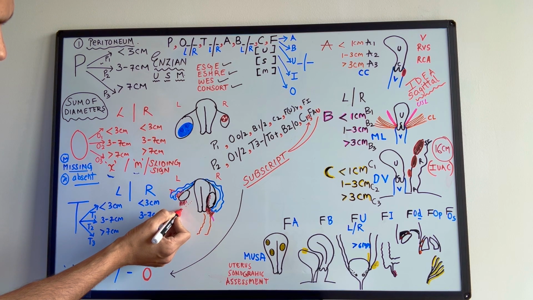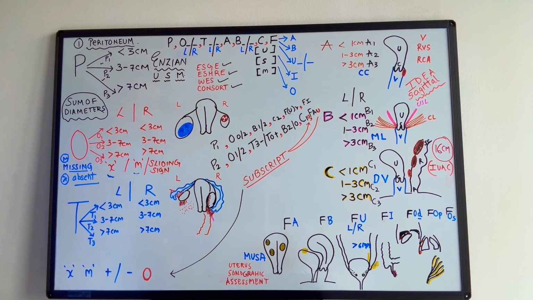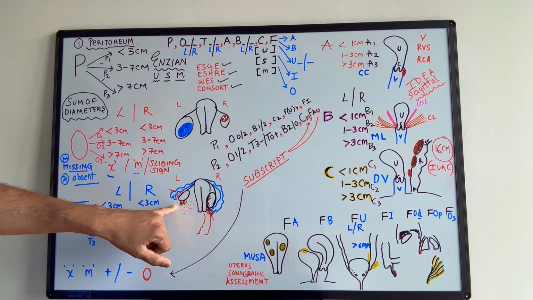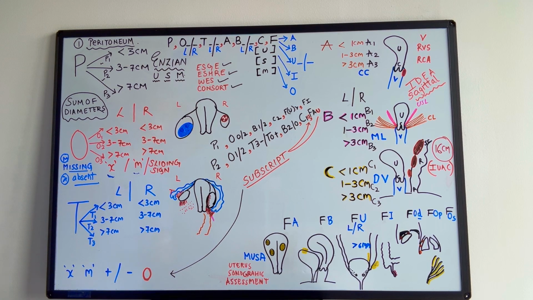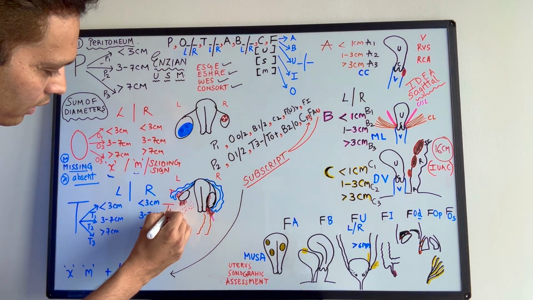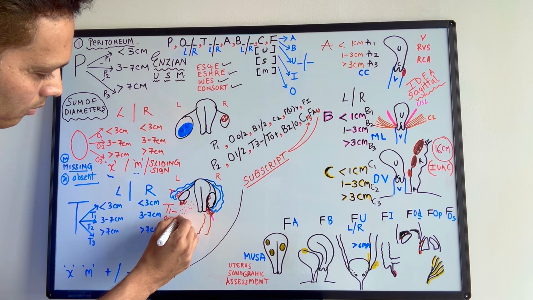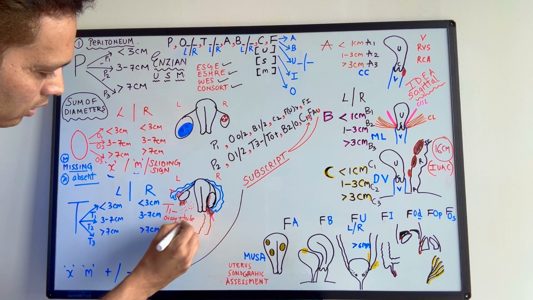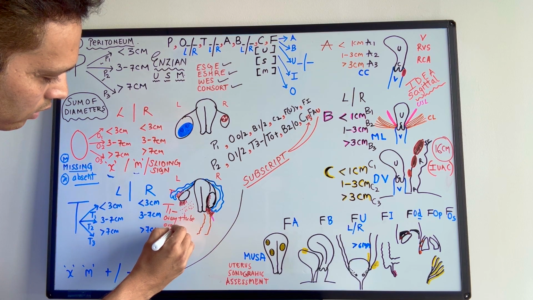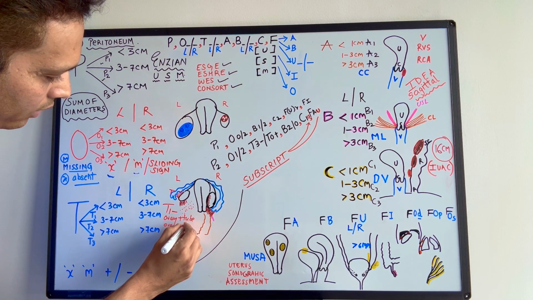Let's imagine that this is the pelvic side wall. So this lesion, as it is less than 3 centimeters and is present on the left side, is known as T1. So T1 means it is the mild adhesion between ovary plus tube or ovary plus pelvic side wall.